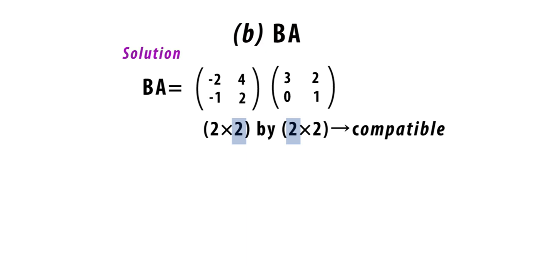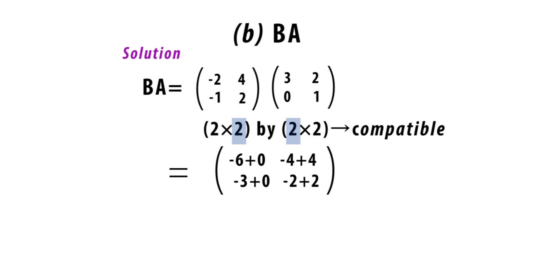So we have matrix B multiplied by matrix A, giving us negative 6 plus 0, negative 4 plus 4, negative 3 plus 0, negative 2 plus 2. When we simplify this, we have the matrix BA to be equal to negative 6, 0, negative 3, 0.